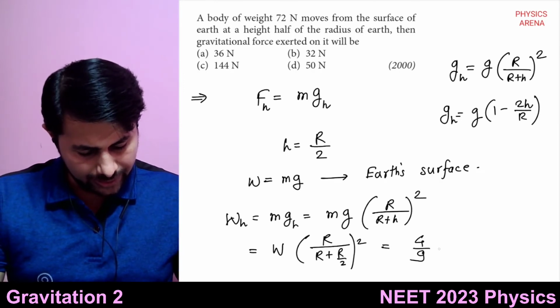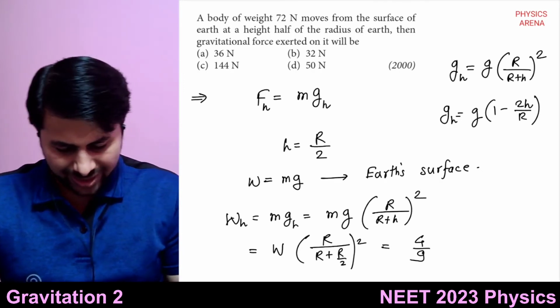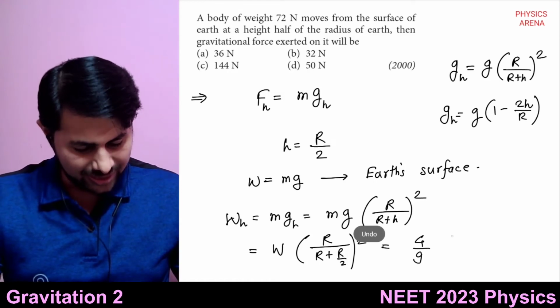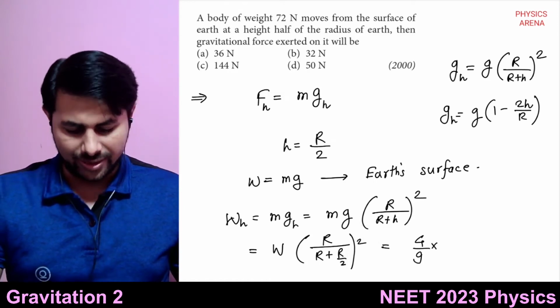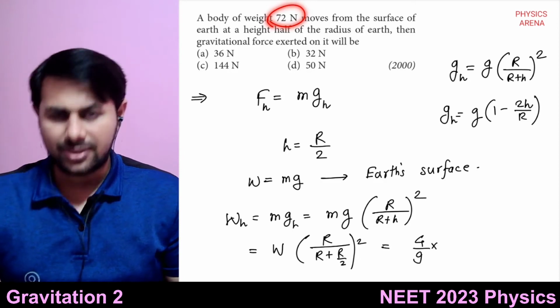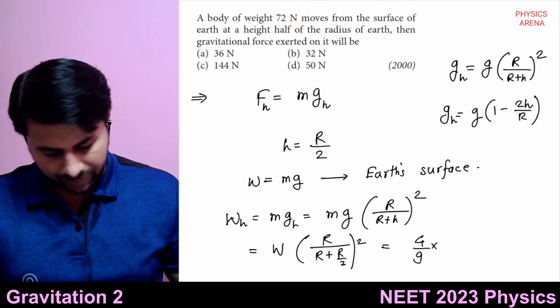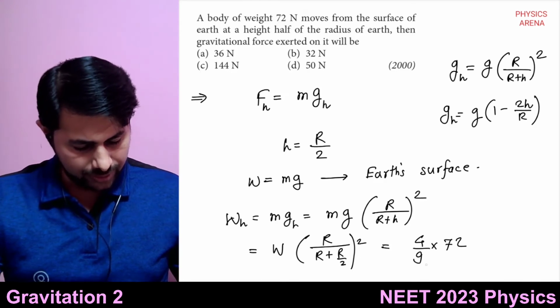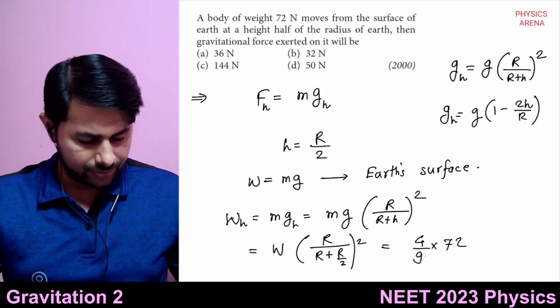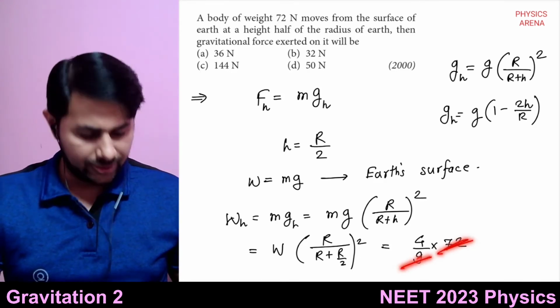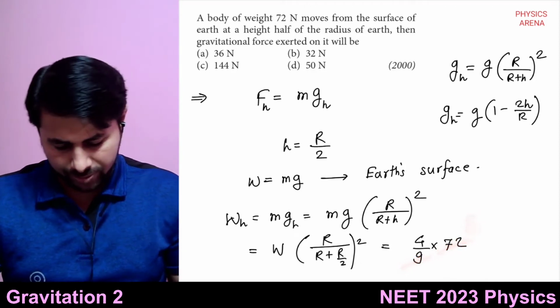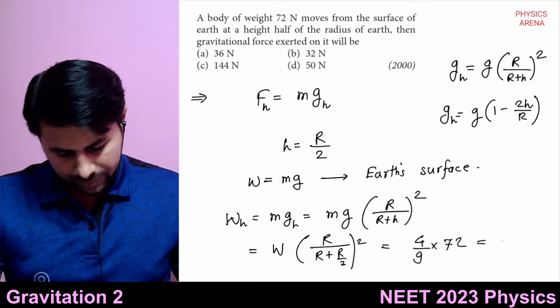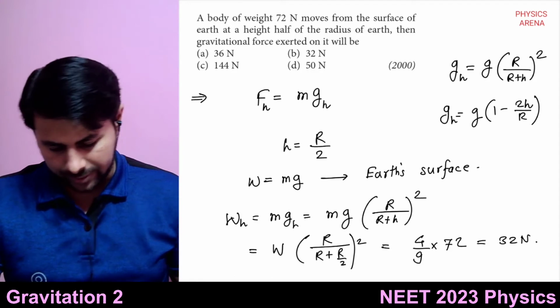This is my 9, multiplied by the weight. And how much is the weight? It is 72 newtons. 8 nines are 72, so we have 8 times 4, 32 Newton is the answer.